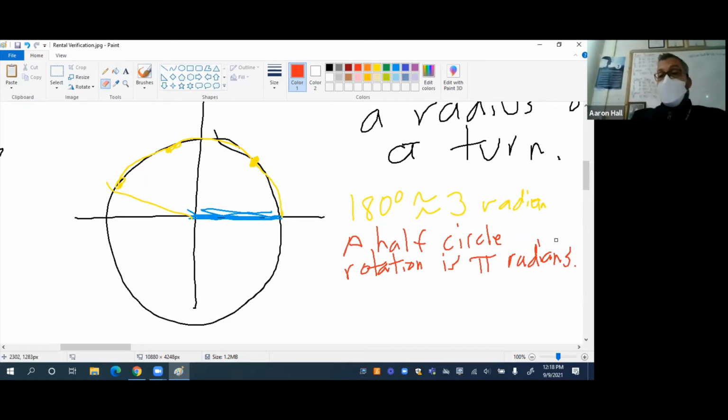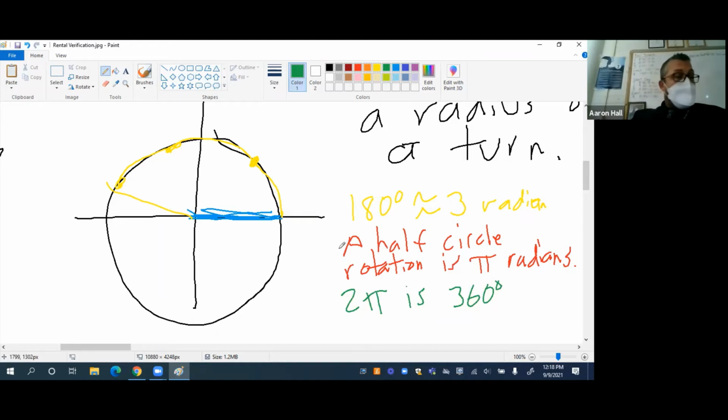It's a radius of a turn. Whatever your radius is, that's how much of a rotation takes place. So what would be a full rotation? Yeah, we end up getting 2 pi. 2 pi is a 360-degree rotation.